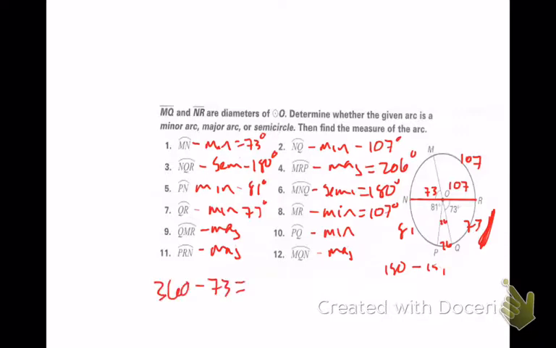And get 297. 287, I believe, actually. Let me verify that real quick. And that's right. So QMR is going to be 287.